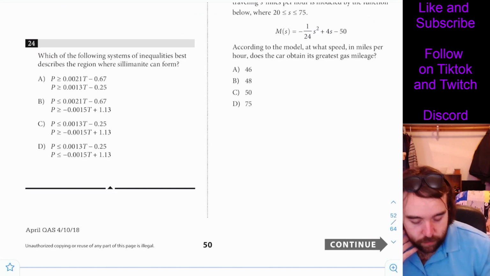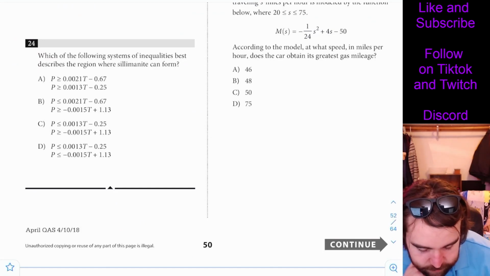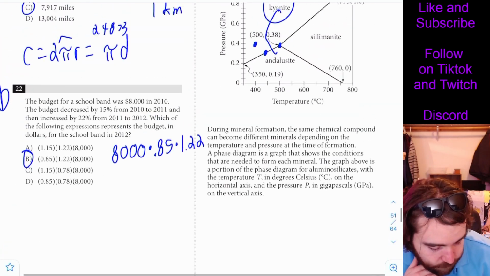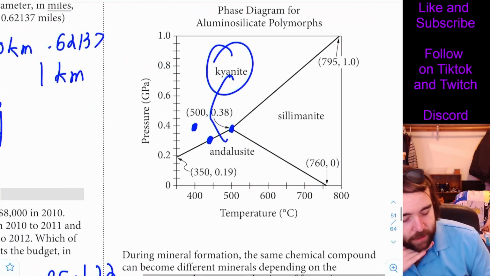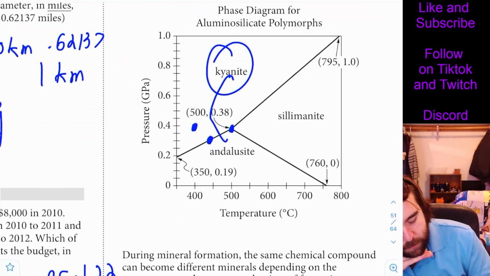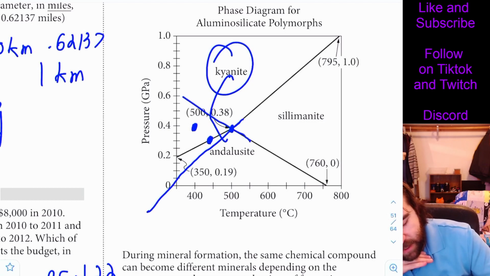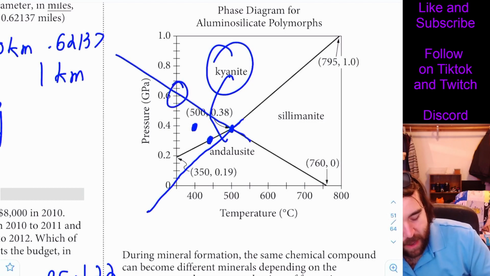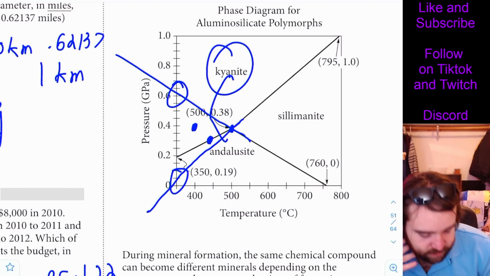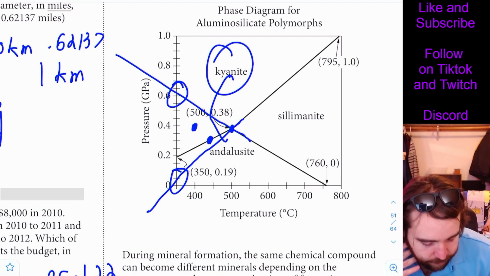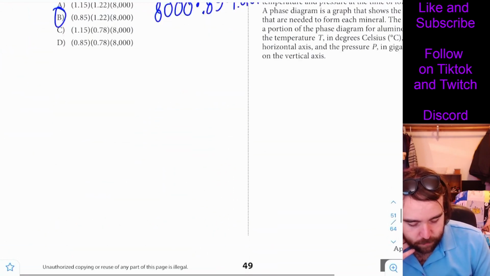Which of the following systems of inequalities best describes the region where Sulamanite can form? So for Sulamanite, we're talking about this line right here and this line right here. I extended them out so I could look at the intercepts a little bit. We're looking for, well, that's actually really small, 0.05 and 0.6-ish as y-intercepts.